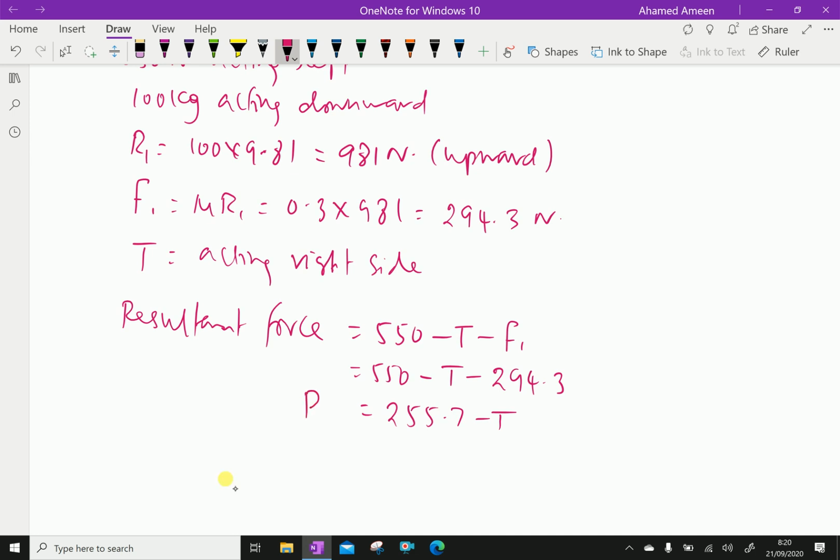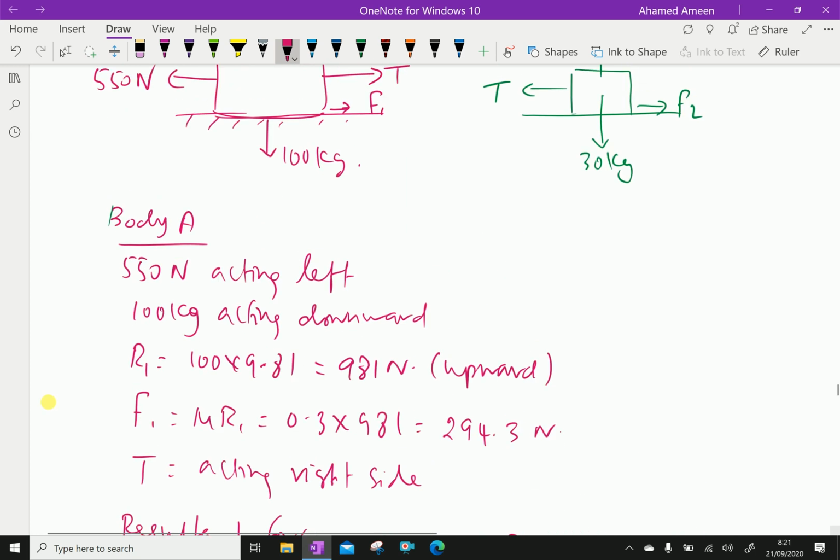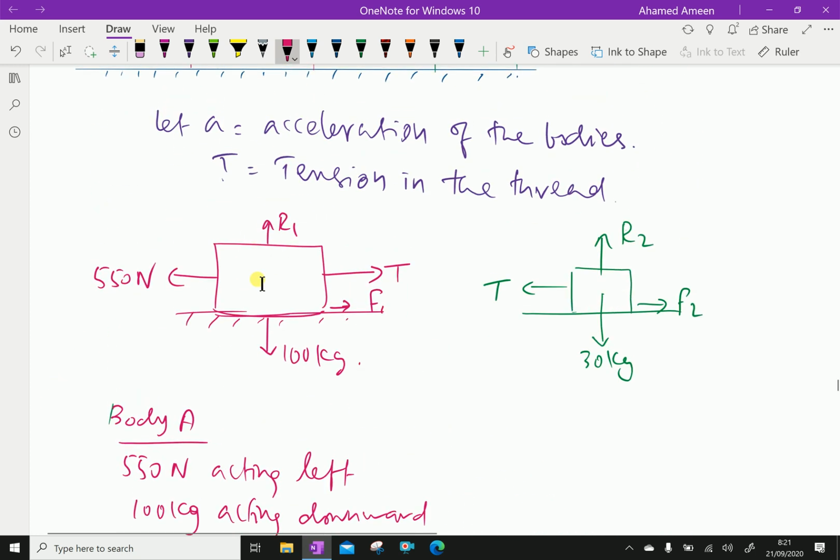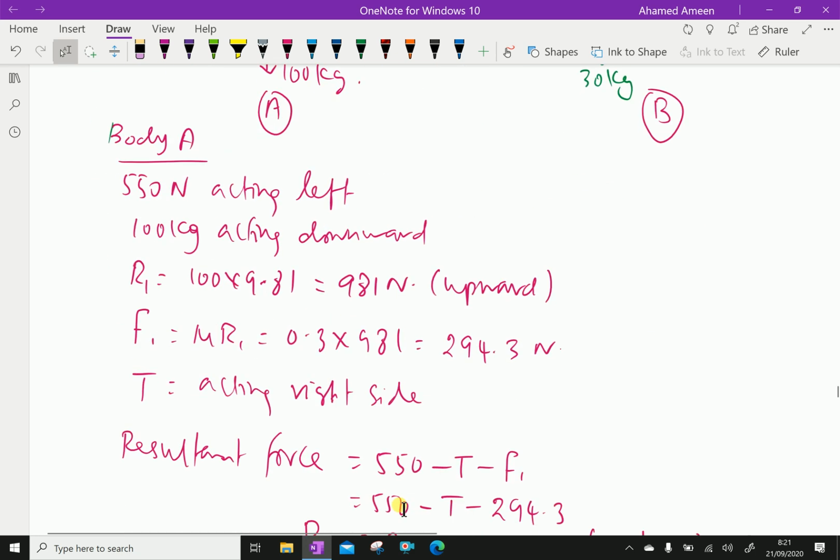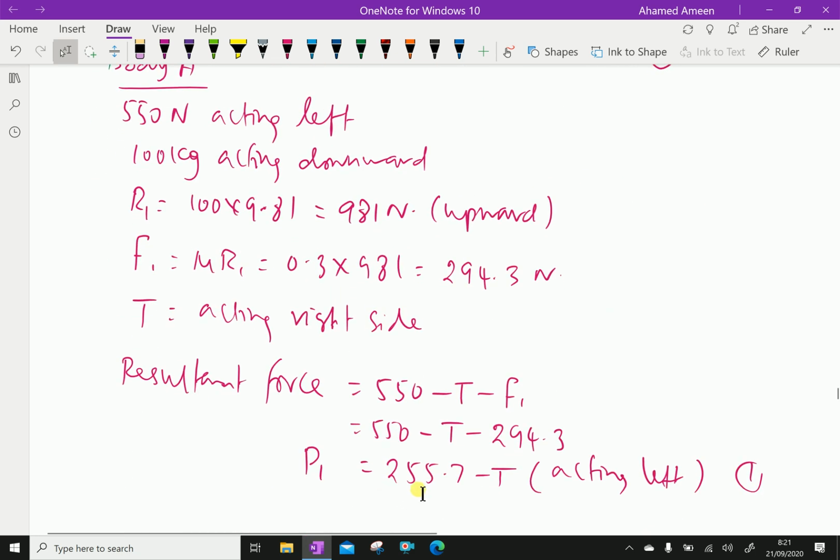We'll write it as P1, acting left. Here body A is considered with all forces, and we got the resultant force 255.7 minus T, acting left.